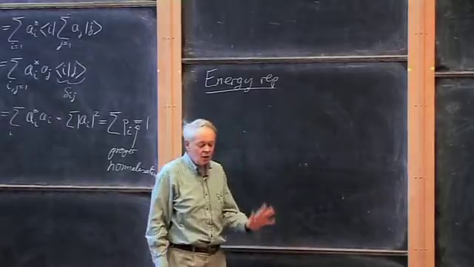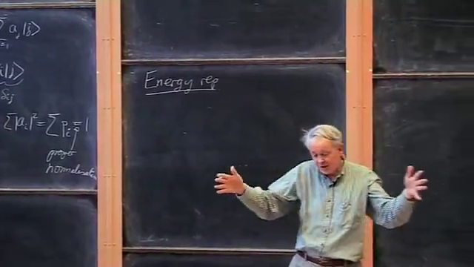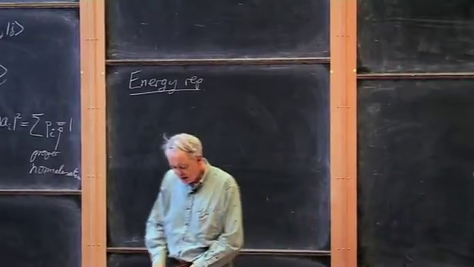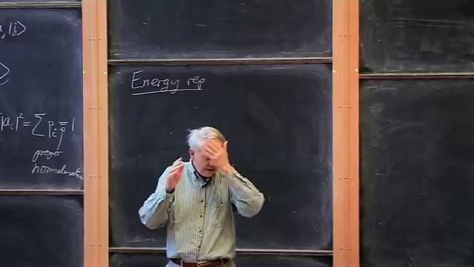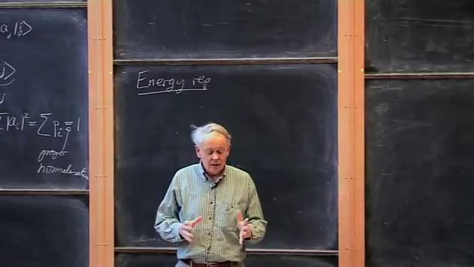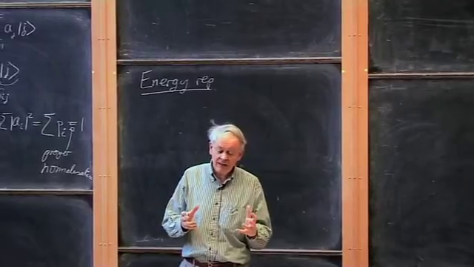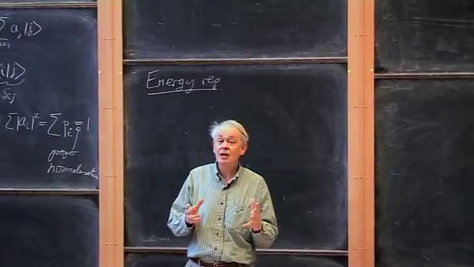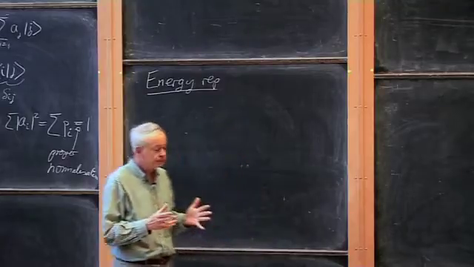Supposing in certain circumstances, for example, if you've got a particle that moves in one dimension, trapped in some well, then it is possible to characterize the dynamical state of this system simply by giving the amplitude to measure the possible values of the energy.